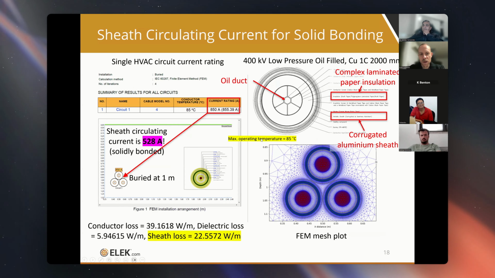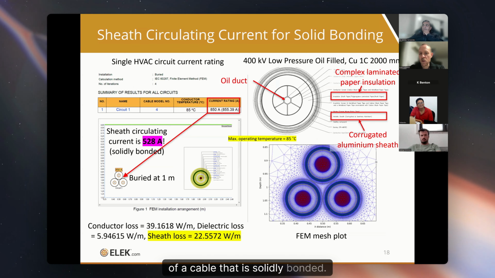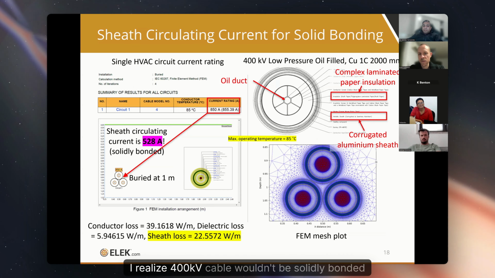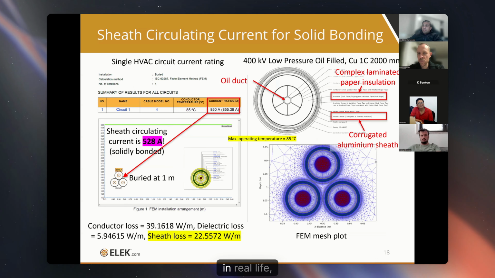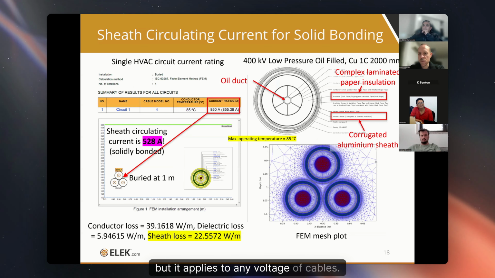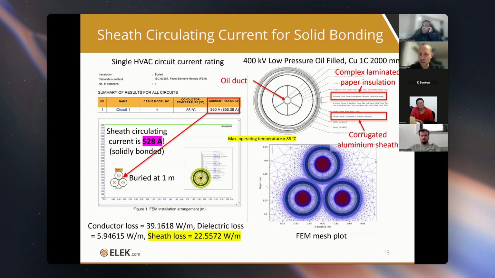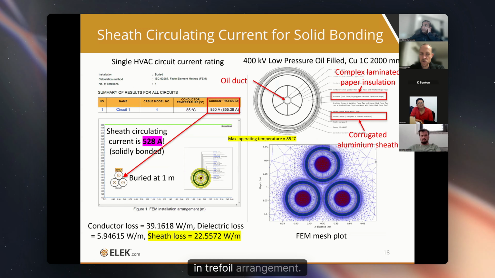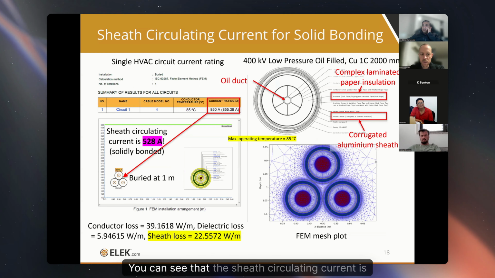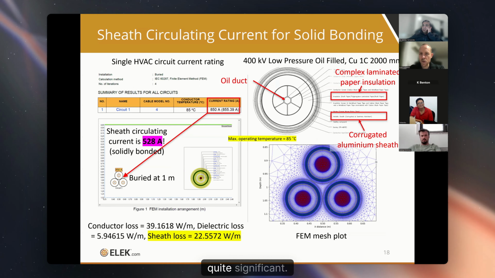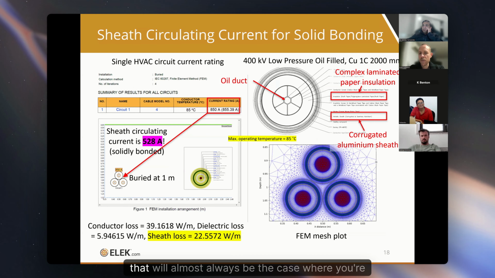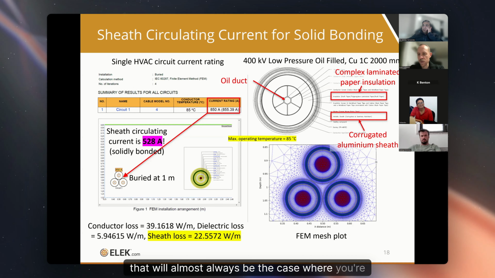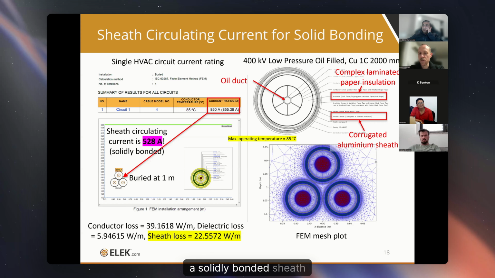Here's an example of a cable that is solidly bonded. I realize a 400 kV cable wouldn't be solidly bonded in real life, but it applies to any voltage of cables. So we've got 3 phases touching in trefoil arrangement. You can see that the sheath circulating current is quite significant, and that will almost always be the case where you're using a solidly bonded sheath.